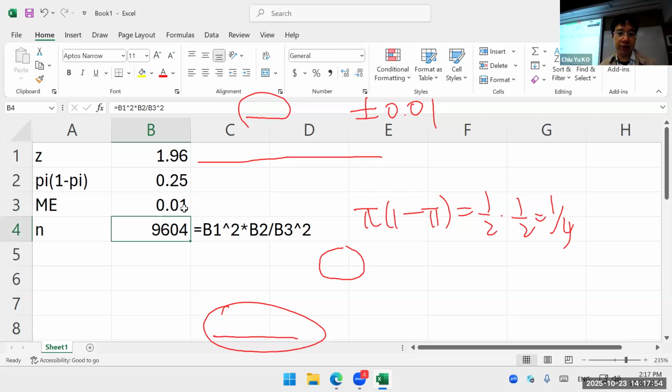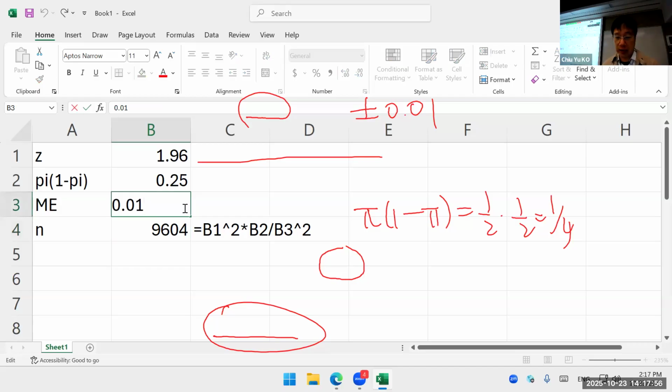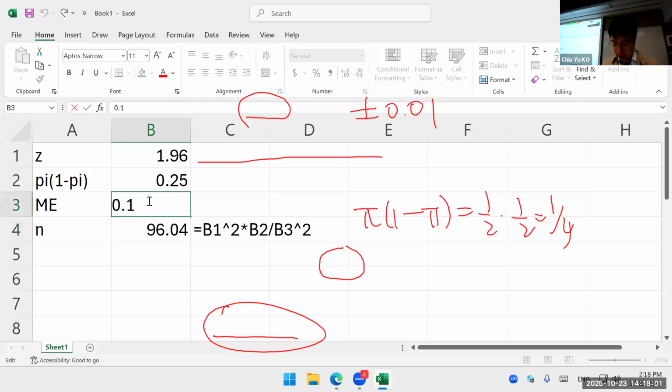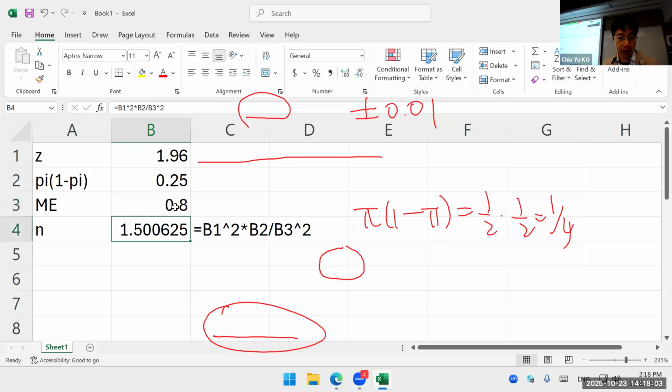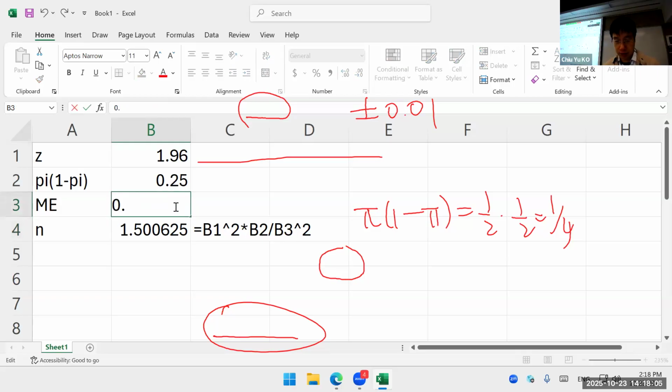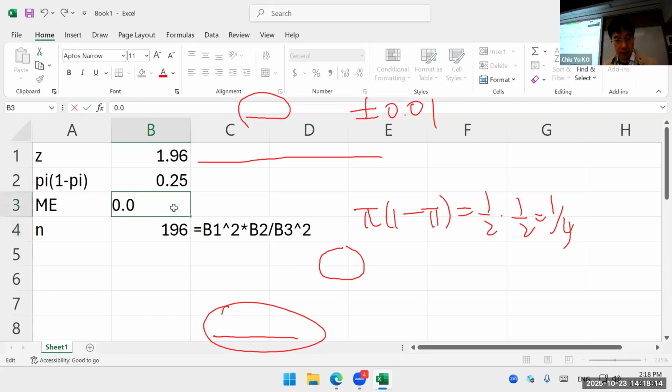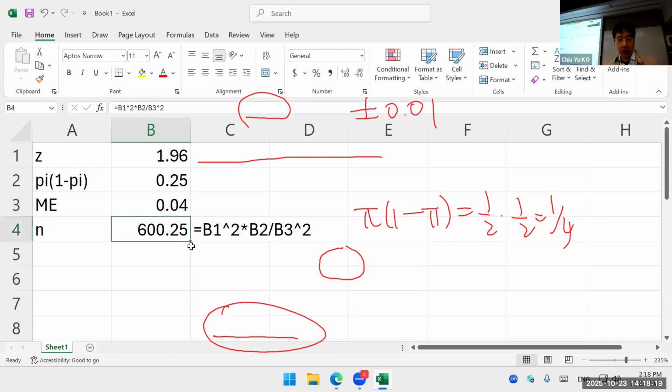And very often when you see surveys done in Hong Kong, they only do something like 500 to 600, or 600 to 700. So the margin of error will be something like 4%, right?